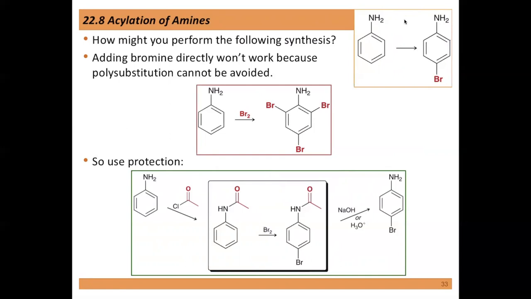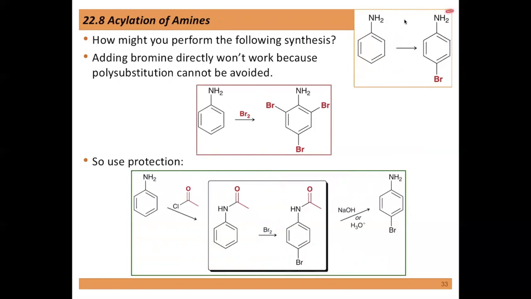And so when I mix it with bromine, again, I don't need a catalyst here because it's still activated enough. It's only going to add one bromine. And once I put that bromine on, the bromine acts as the electron withdrawing group, makes the ring less nucleophilic, so I only add once.